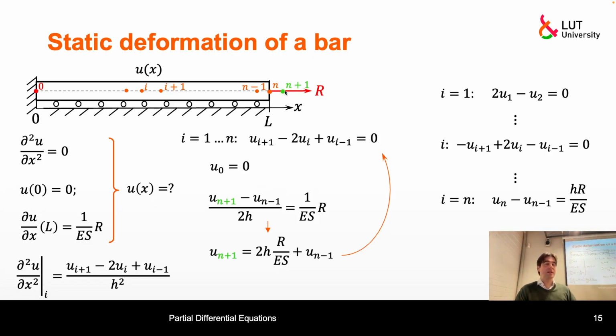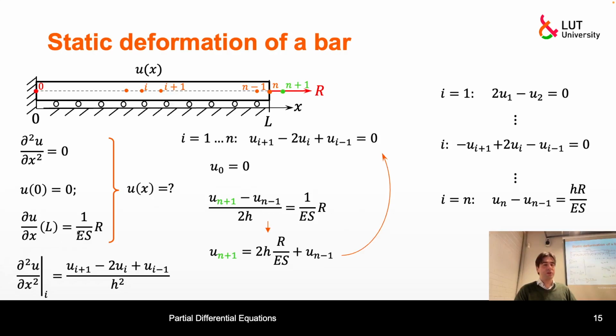Okay, and let's suppose there is some value of displacement, some fictitious displacement. And then the derivative that appears in my boundary condition, of the displacement at the right end of the bar, can be expressed using the value to the left, the value to the right, and the distance between them, and it will be double our h, the distance between 2 points, right?